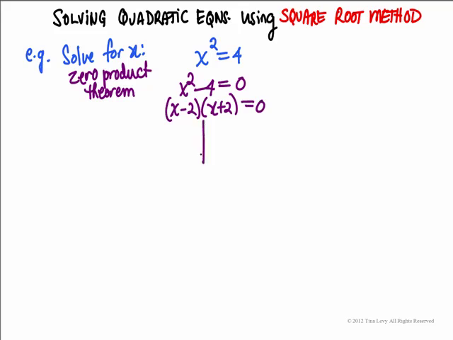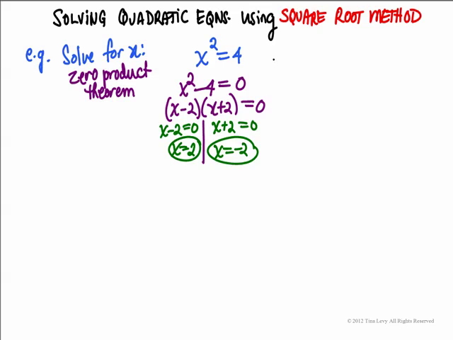The whole purpose of the zero product theorem was once you had a product of two binomials equal to 0, either one or the other had to be 0. Working this, we got that x minus 2 would be 0, which would make x 2, and here x plus 2 would be 0, which would make x negative 2.